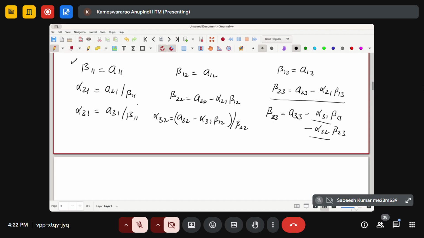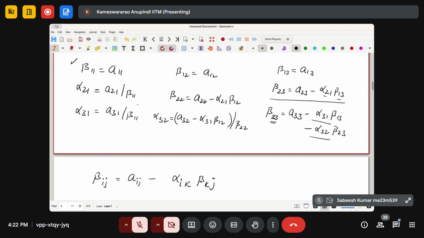That means in general, for ij, there will be many more such subtractions. So beta ij is going to be equal to aij minus the sum over k of alpha ik beta kj, right?